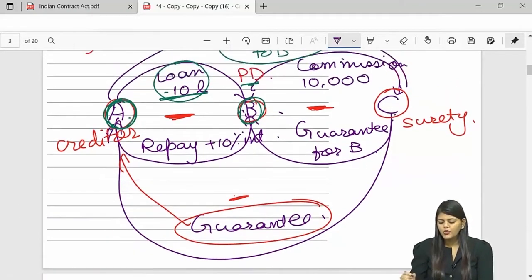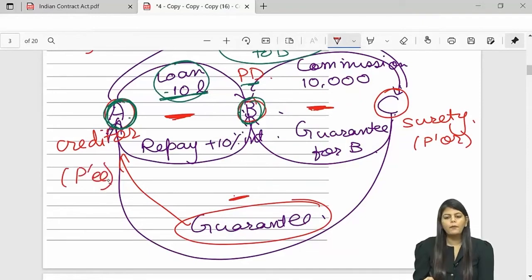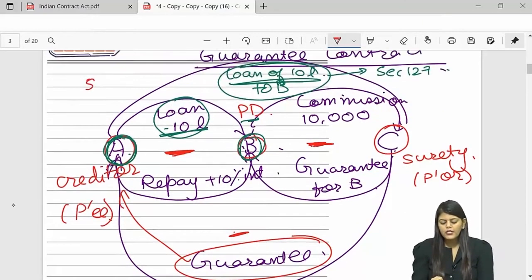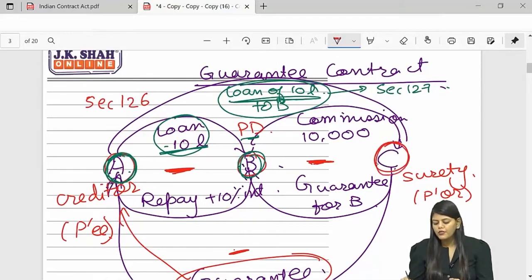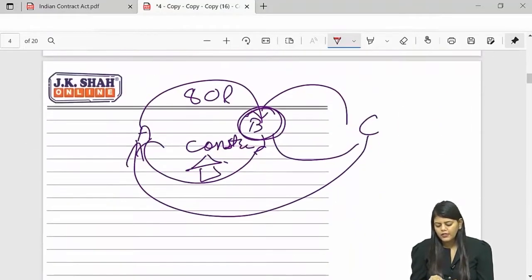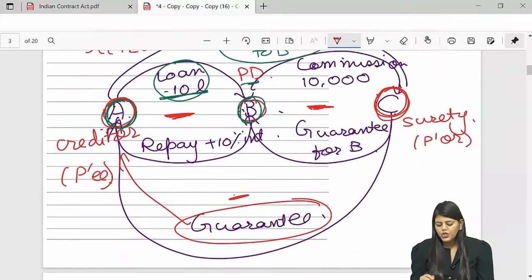So if you have understood this, C is promising A that if B does not pay or perform, I will pay or perform. So what is a guarantee contract? Section 126 tells you what is a guarantee contract. It is a contract where one person, that is C, promises to the other, that is A, to perform the contract, or discharge the liability, if the third party B does not perform or pay.